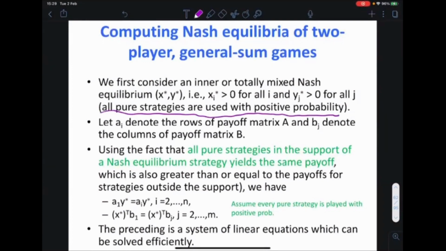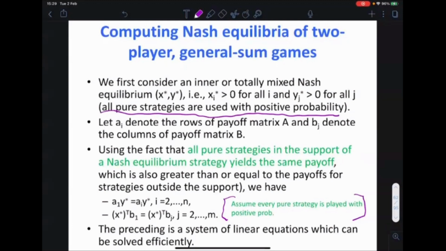So let's denote A_i as the row of the payoff matrix A, and B_j as the column of the payoff matrix B. If we assume every pure strategy is played with positive probability, this is exactly the same as last time, when we talked about a simple solution for the Nash equilibrium.